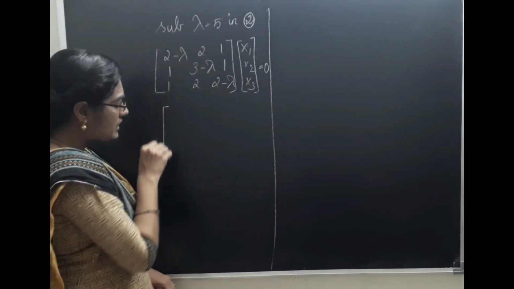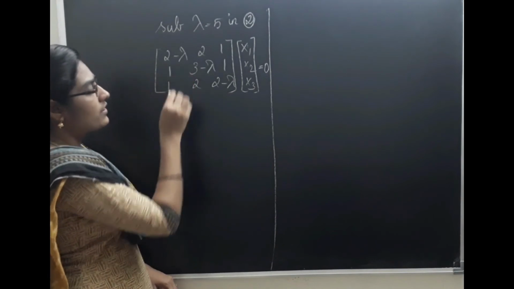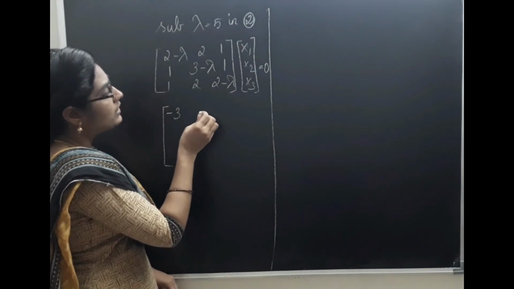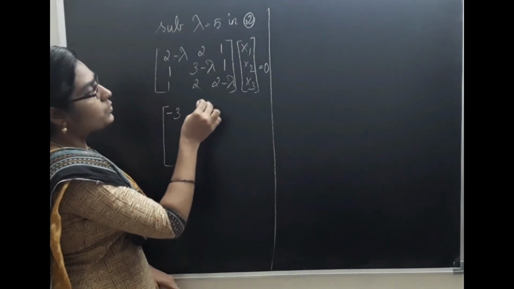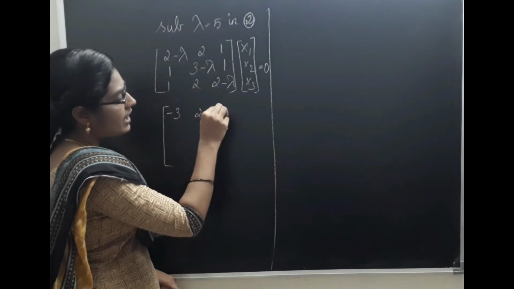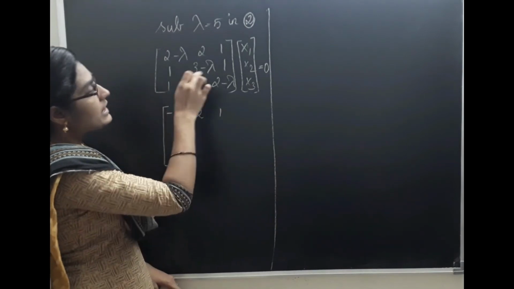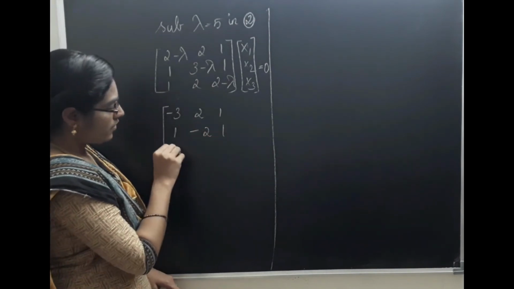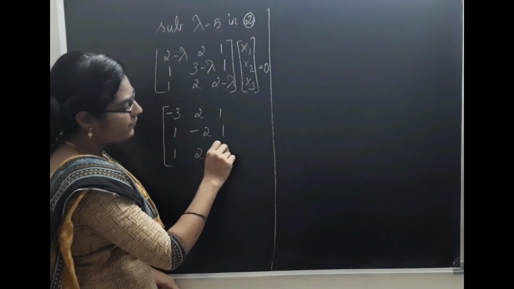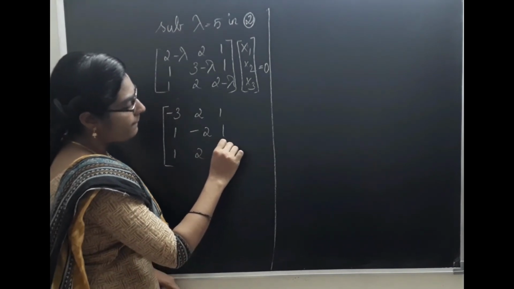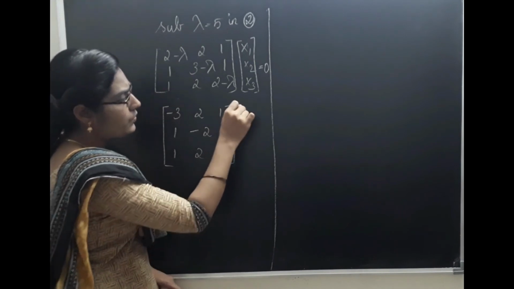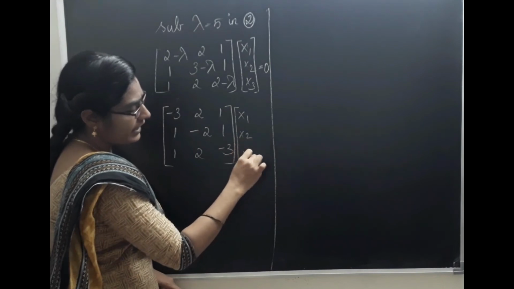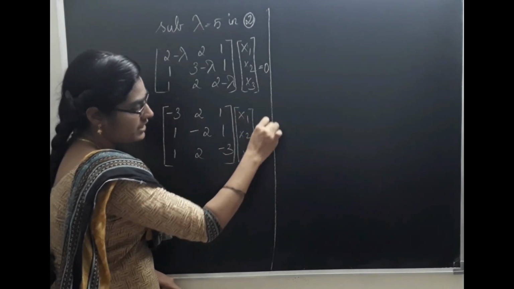If we substitute it, we will get 2 minus 5 is minus 3. 2 is the same, simply 2 because it does not have lambda, and 1. And 1, 3 minus 5 is minus 2, 1. 1, 2, 2 minus 5 is minus 3, into [x1, x2, x3] equal to 0.